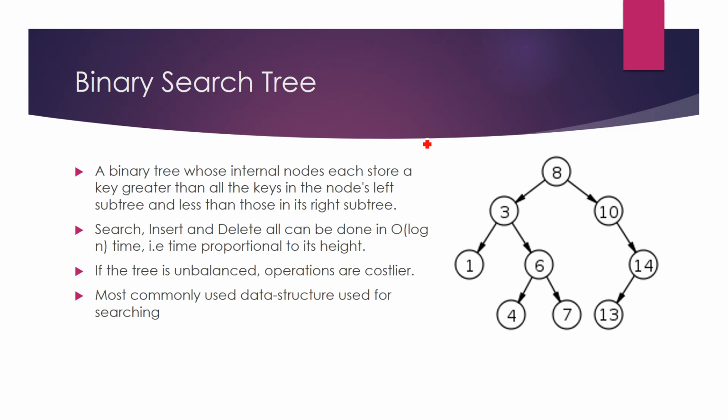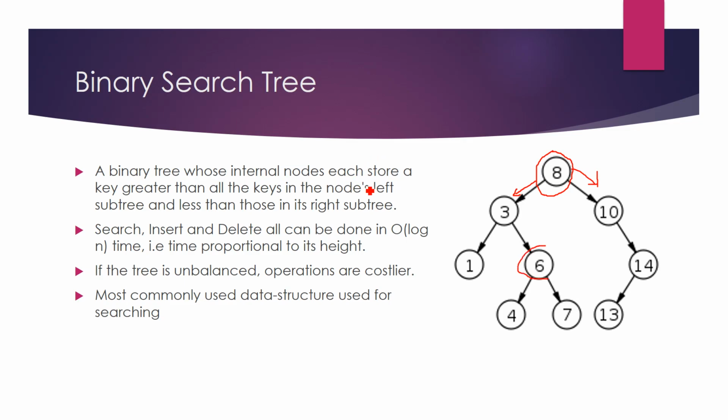Which means if we take a node, let's say the node 8, all nodes to the left of it are smaller than 8 and all nodes to the right of it are greater than 8, and this property applies to every node in the binary tree.